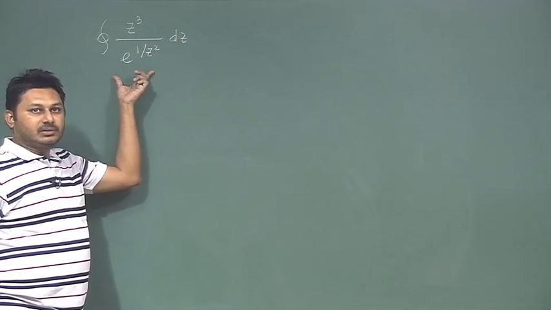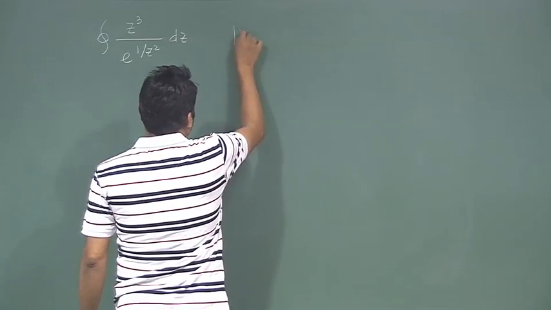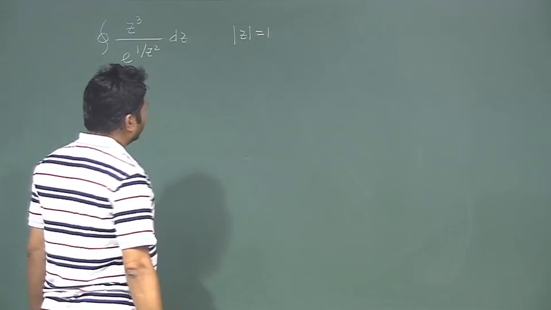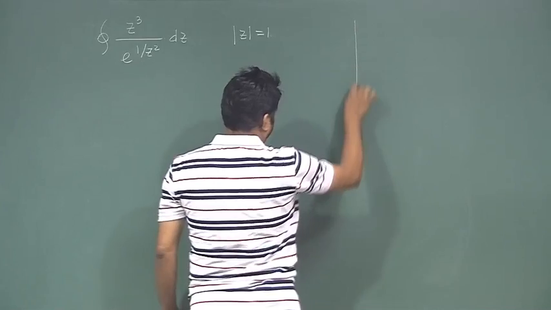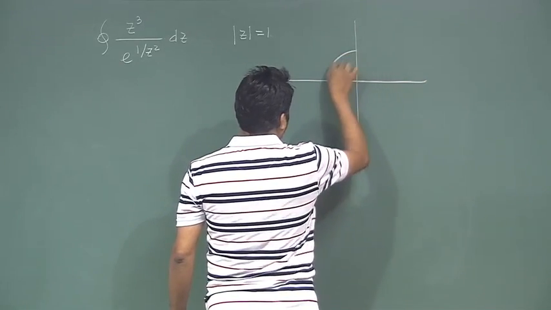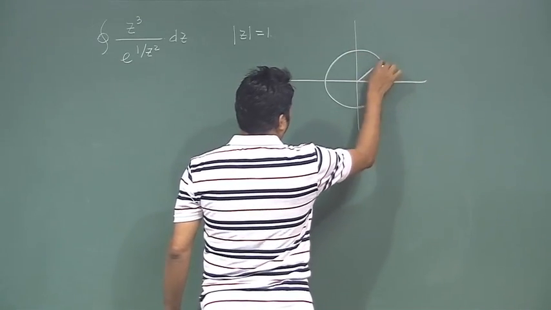This is the expression given to us, and we need to evaluate it in the region mod of z is 1. So, mod of z is 1 means I need to evaluate this integration for a circle of radius 1.